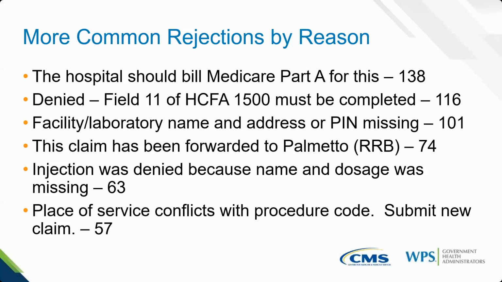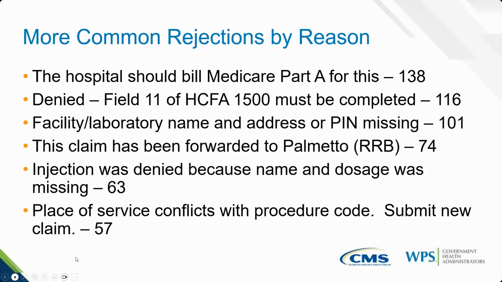When you are sending labs out, you need to include the lab's name, address, and zip code in item 32 of the CMS 1500 form. So just some things to remember and helpful tips for you as you are avoiding these rejections in the future or fixing them.